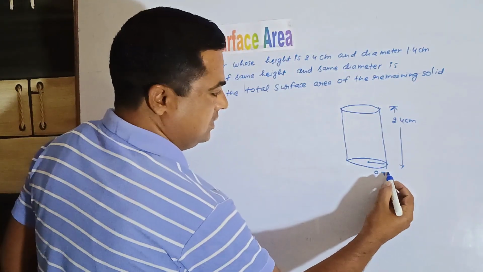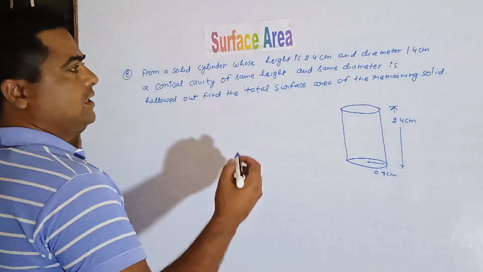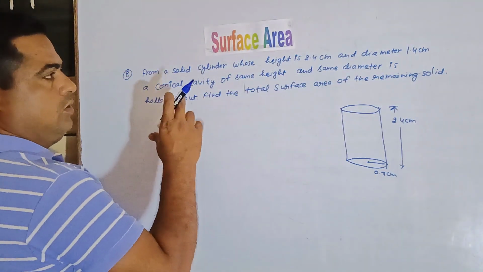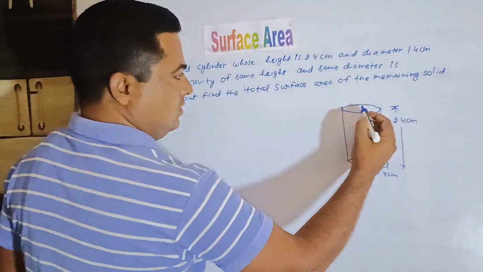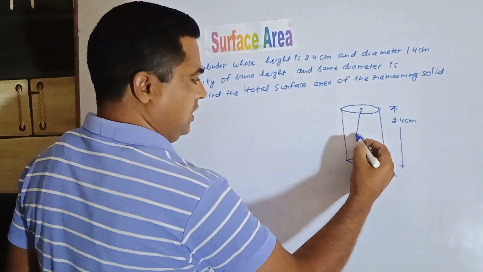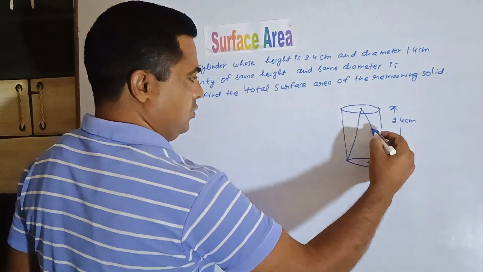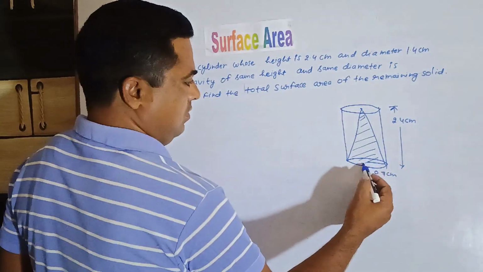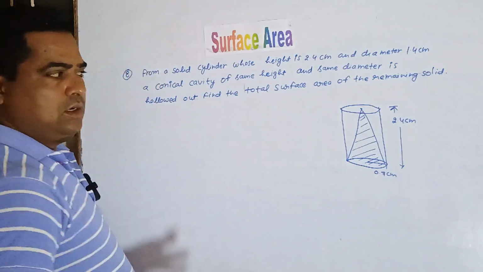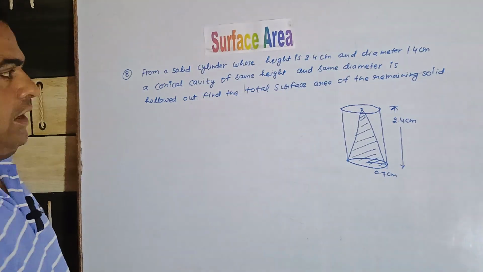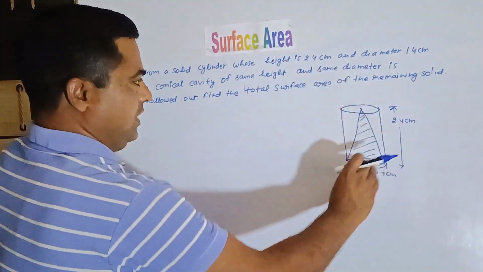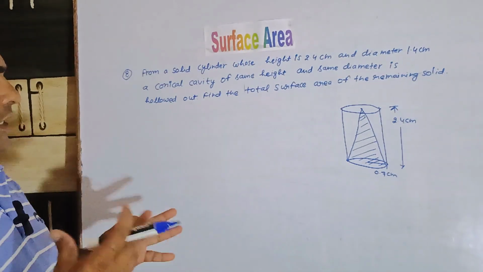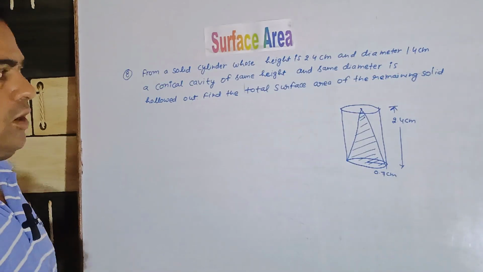Radius is 0.7 centimeter, and they are saying that we are cutting a conical cavity of the same height and same radius, means we are cutting this cone and taking it out from the cylinder, and we have to find the total surface area of the remaining solid. Correct? Again students, we will use the painting concept.